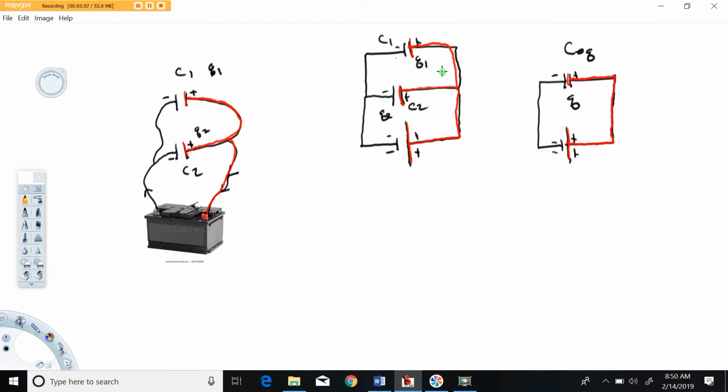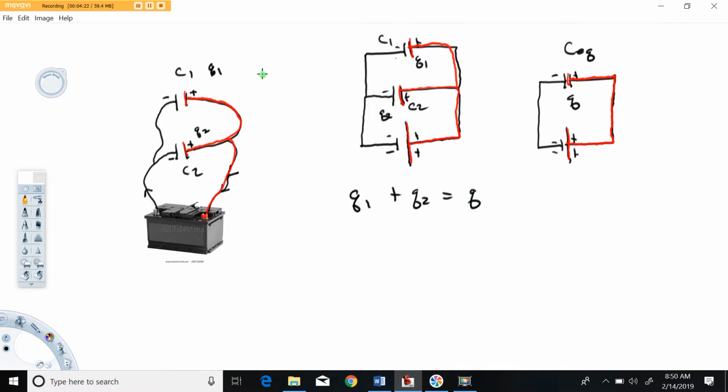Anybody want to guess the relationship between these three charges? Yeah, it's additive. Effectively, this single plate is the sum of these two. So charge 1 plus charge 2 is equal to the charge on our equivalent capacitor.